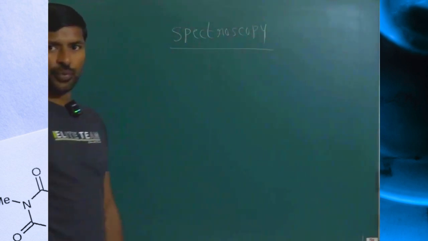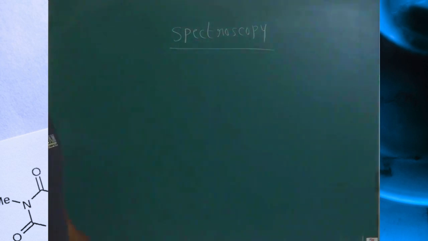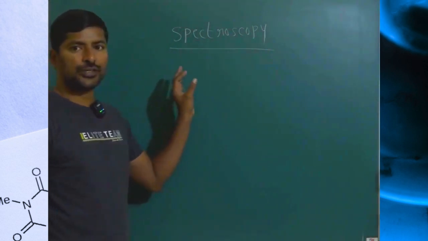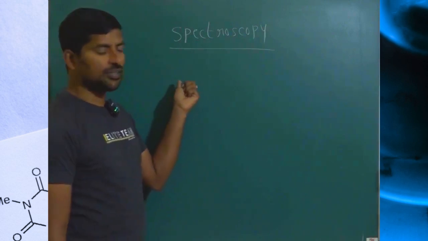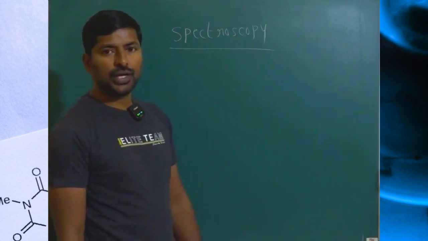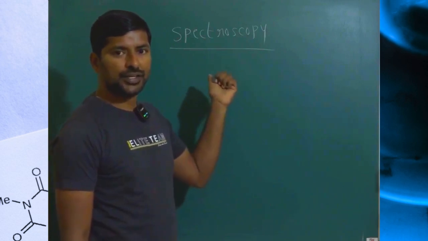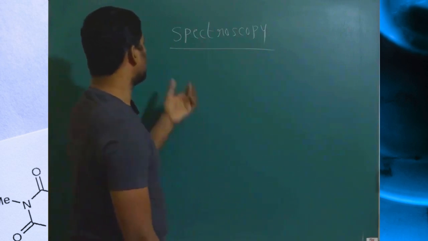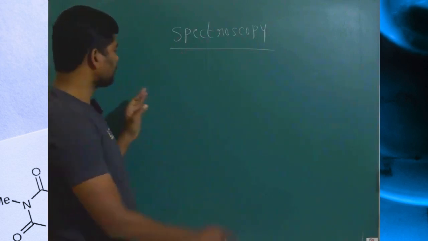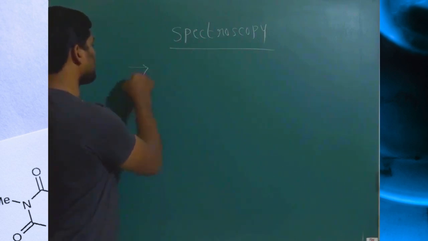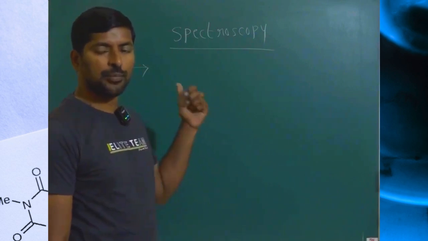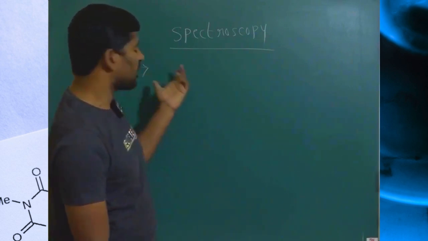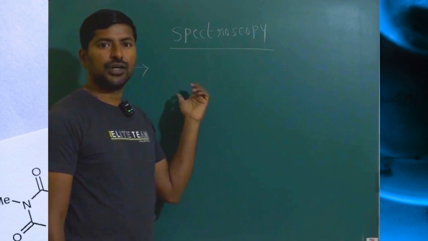So we know spectroscopy. Spectroscopy is the study of interaction of electromagnetic radiation with matter. By using spectroscopy, we can get various information like bond lengths, bond angles, and what functional groups are present in the given molecule.